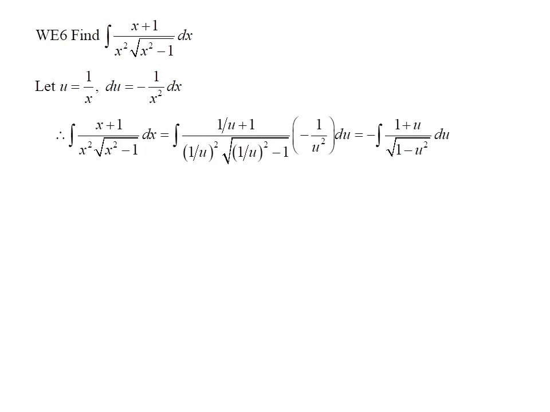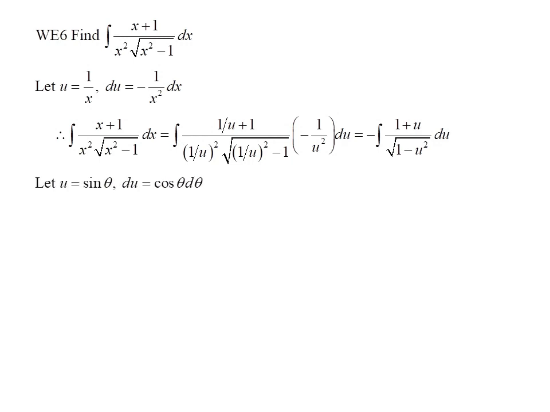Hence, the antiderivative can be written as the integral of (1 over u plus 1) all over the product of 1 over u and square root of 1 over u squared minus 1, multiplied by negative 1 over u squared du, which is simplified to negative integral of (1 plus u) over square root of 1 minus u squared du.